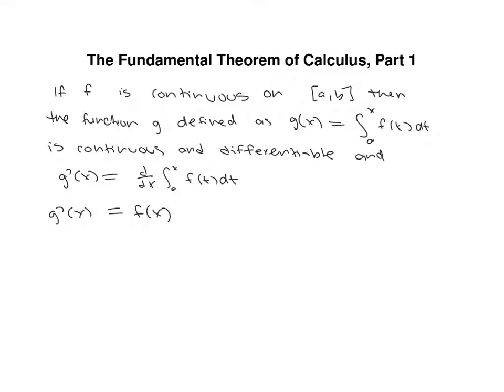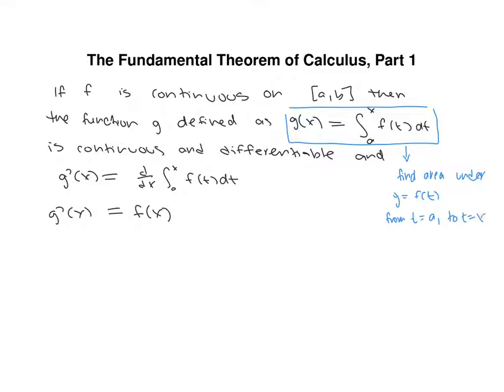First of all, we worked with these functions a little bit on Friday. These functions find the area under y equals f of t from t equals a to t equals x. That's what they do.